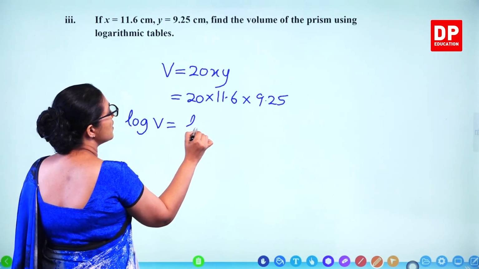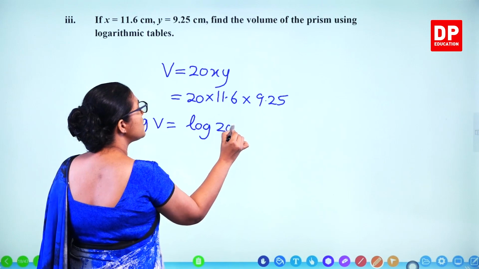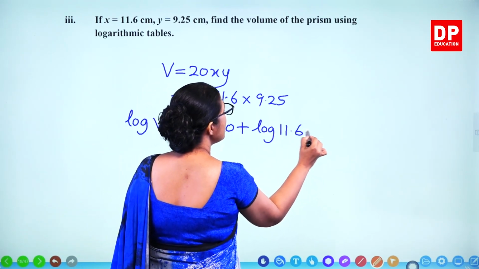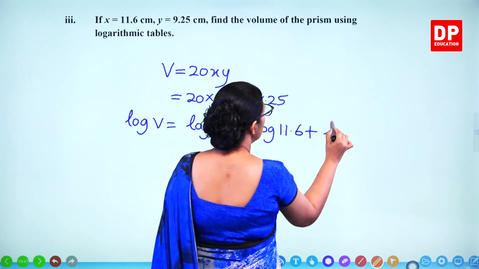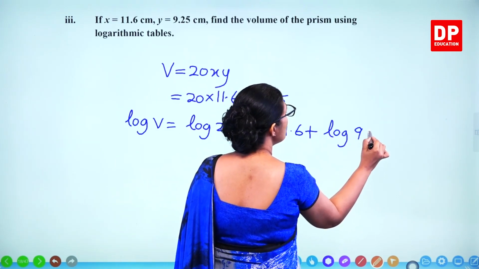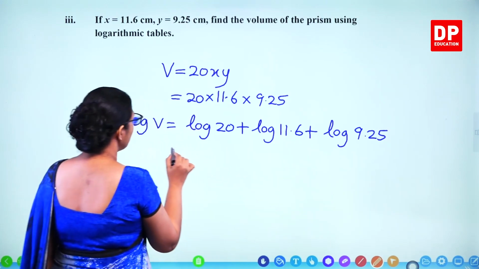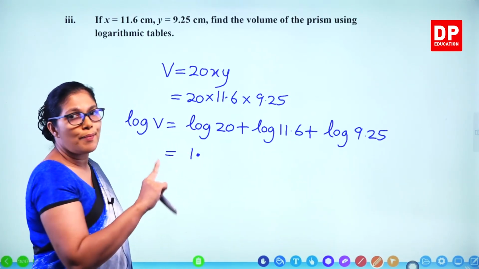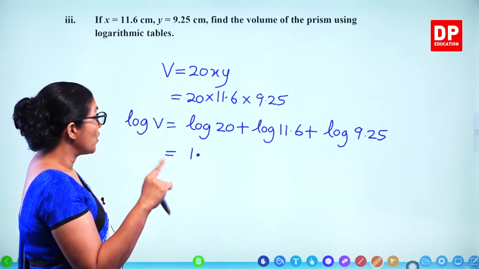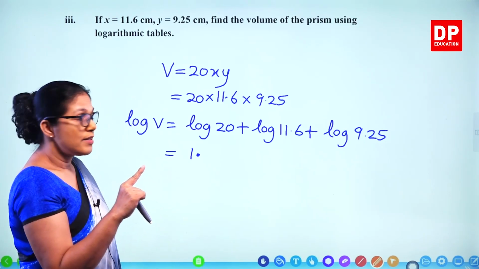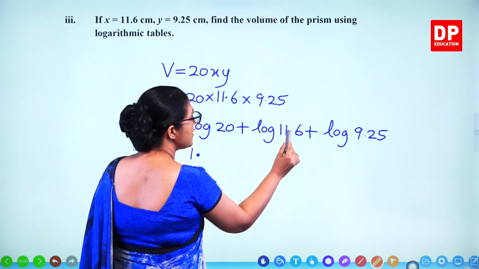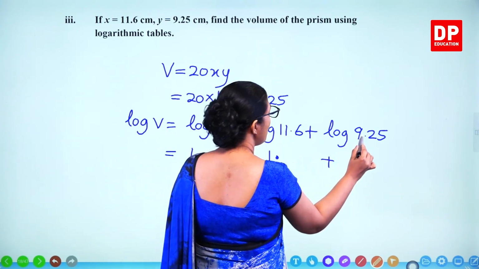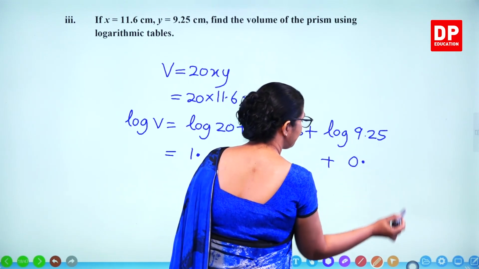Log V equals, multiplication becomes addition, log 20 plus log 11.6 plus log 9.25. So 20 gives the log value 1 point something, because you have to write in standard notation. 11.6 also 1 point something. And 9 point something means 0 point something.